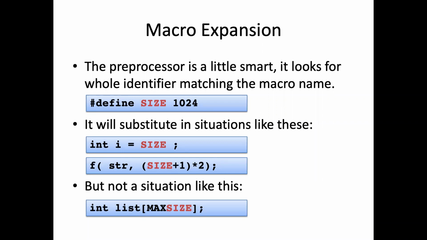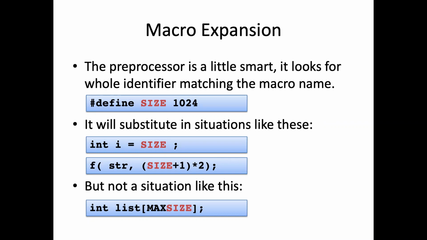So if we say replace size with, here, 1024, we can make it easy for the preprocessor by putting spaces around size so it's clear that that's the token size. But even if we cram it up next to other syntax, like in my second example, the preprocessor can handle that. It doesn't need to see the token surrounded by spaces.